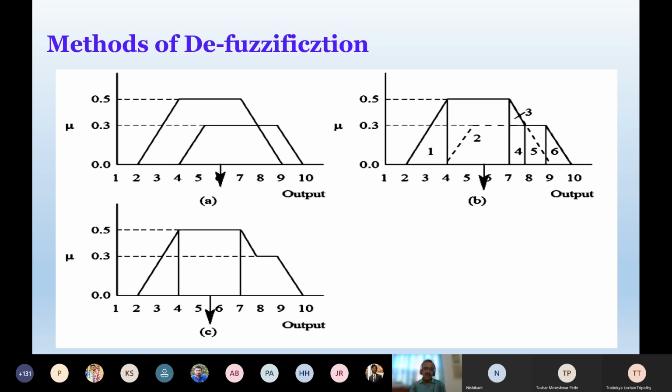So you can use any of the three defuzzification methods, and training will be done accordingly, so that my fuzzy logic controller may perform in the optimal sense. I'll request all of you to make the fundamentals clear, whether you have come from this system, that system, or any other system. You should be very strong in fundamentals, and if you are strong in fundamentals, nobody can stop you.